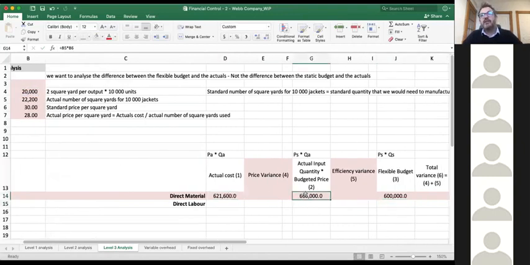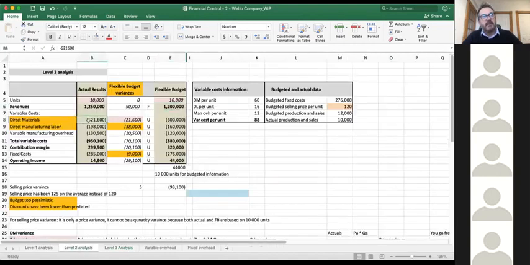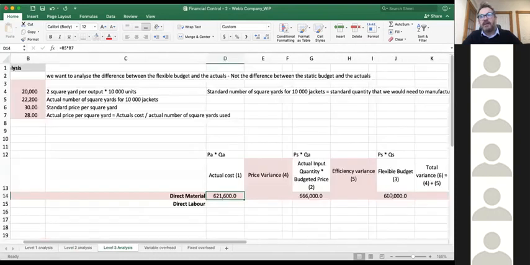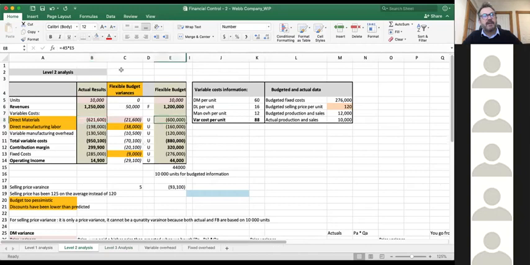So now I have my 3 information. If I want to check, this one should be the same as this one. And for the flexible budget, 600, it should be the same thing that I have in my 600.